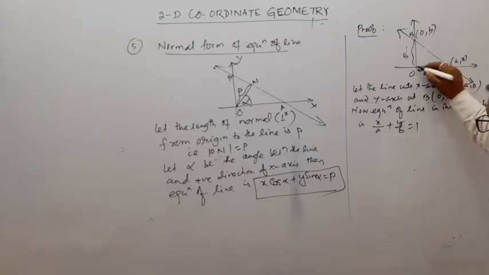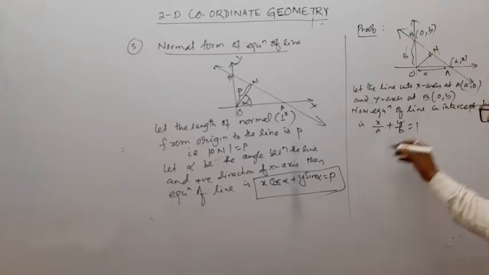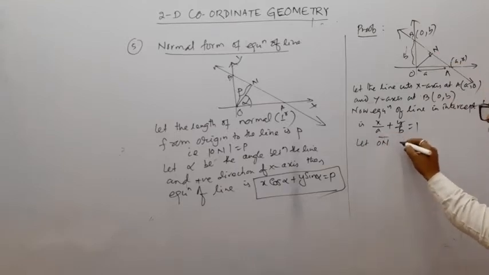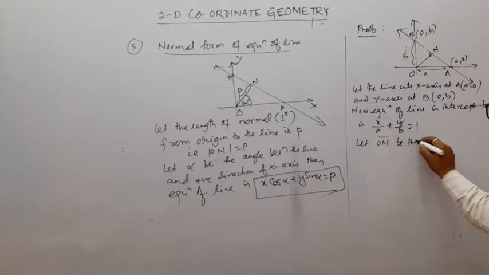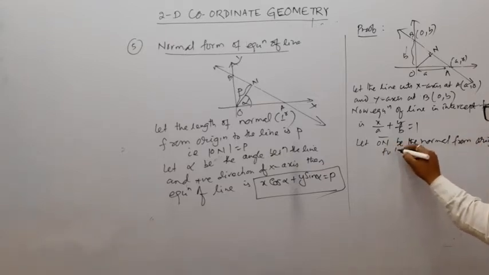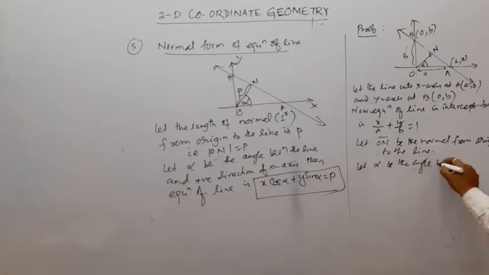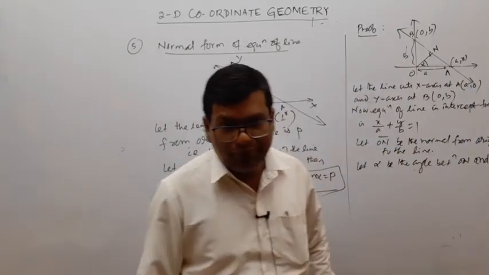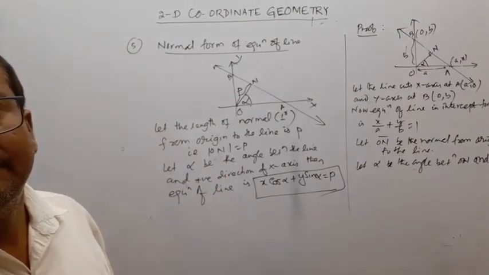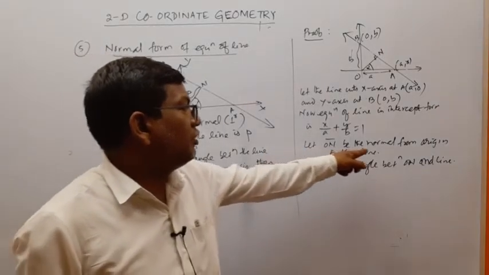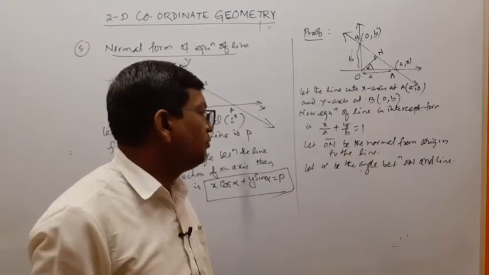Clear? Now this is the perpendicular. Let ON be the perpendicular or normal from the origin to the line, and let alpha be the angle between ON and the x-axis.